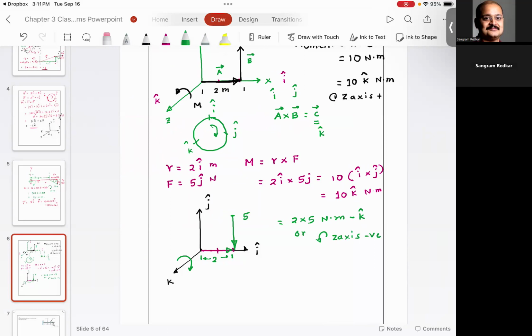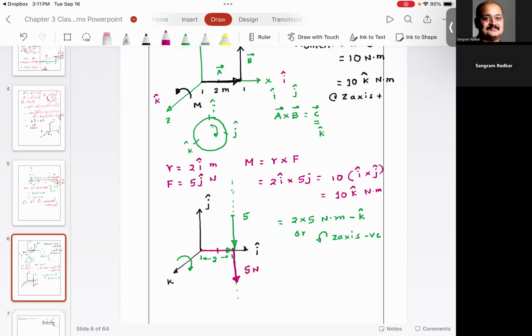Now, one thing you want to remember is whenever you have a force structure like this, you are welcome to extend the vector in the positive and negative direction. What does it mean? It means in theory, this vector could be anywhere on this line. And it's easier for us to visualize this if I were to show this vector something like this.